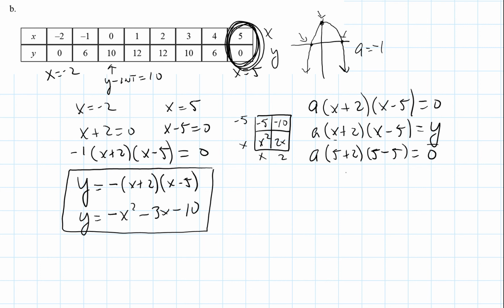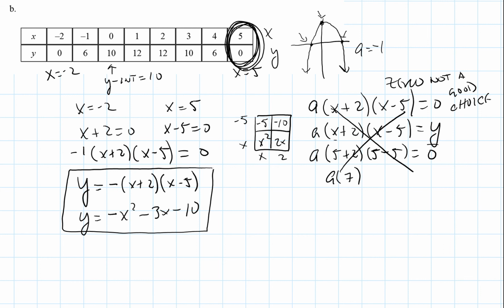And so then we get 5 plus 2 is 7, 5 minus 5 is 0. Okay, so 0 is not a good choice, right? When you put in 0, this is going to end up being 0. It's not incorrect, but it's not giving us what we want.